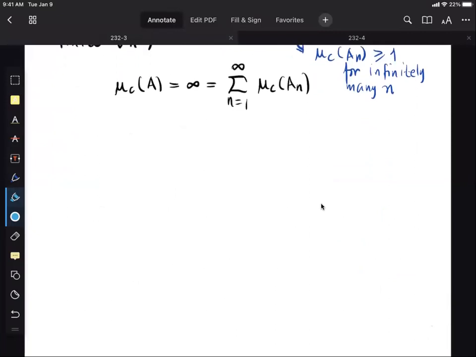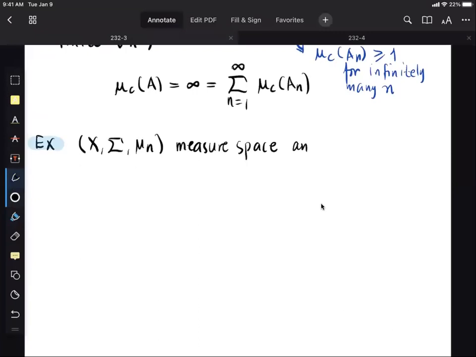The next example. Suppose I have a sequence of measures, so this triple would be a measure space, and some coefficients, let's say alpha n, which are non-negative for any positive integer n.